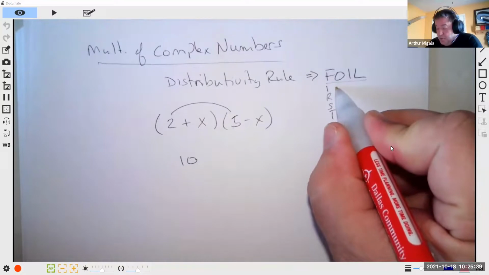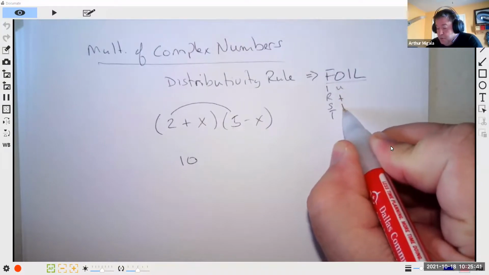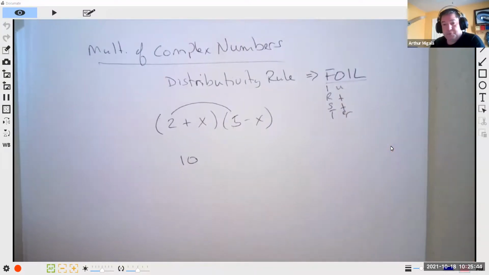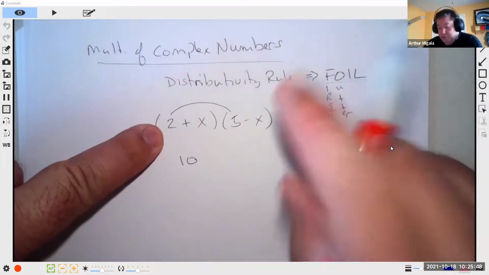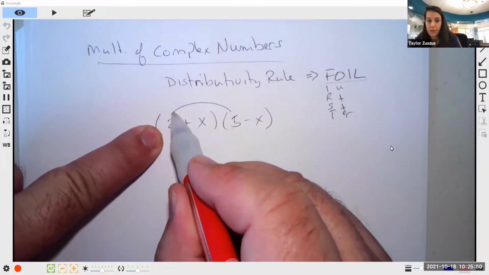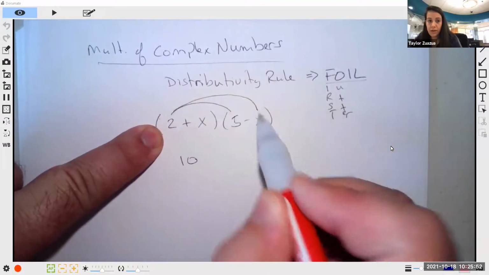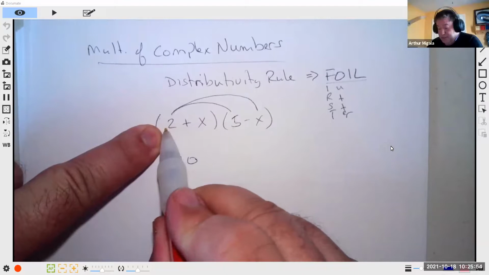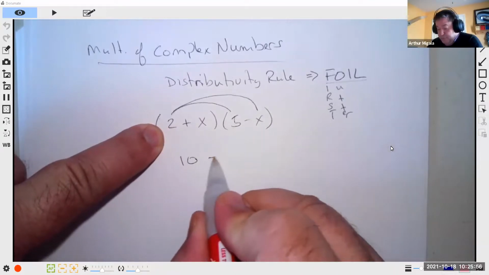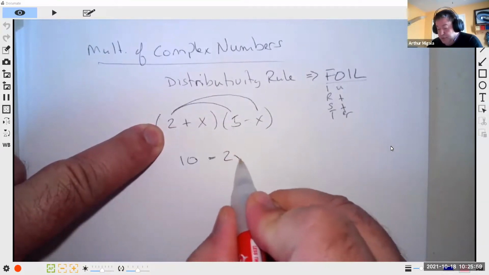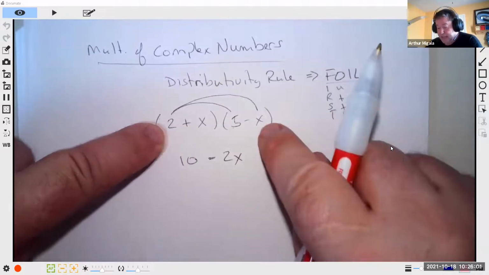The O is outer. So the outer numbers. Positive times negative is negative. 2 times x is 2x. So it's the outer numbers.